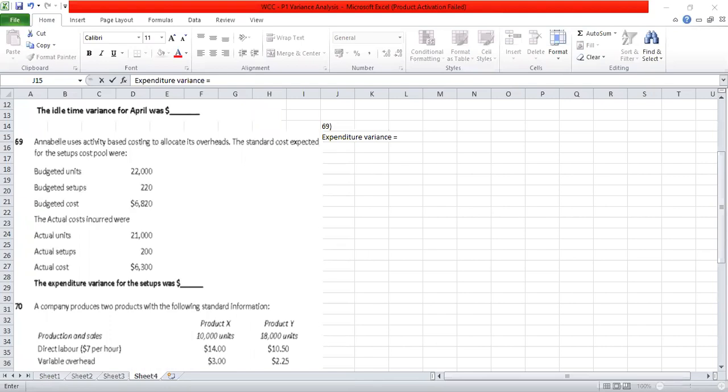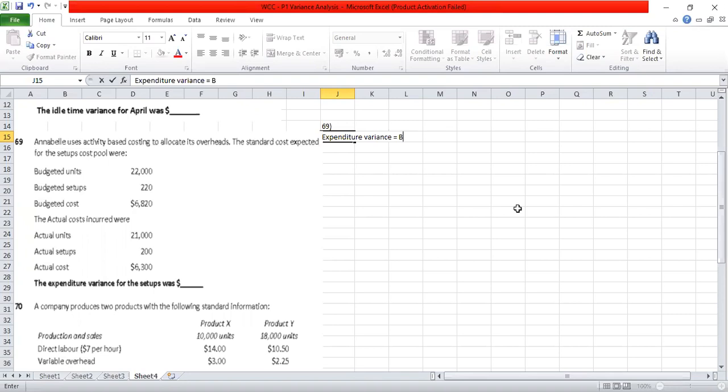We know the actual expenditure, the actual cost is mentioned as 6,300. Budgeted cost is also given as 6,820. But what are we supposed to do? We have to make the adjustment of the expenditure as per the actual output. So that is the one adjustment which we have to make.